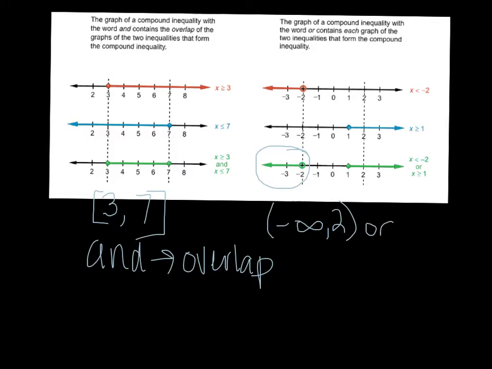Then it's 1 to positive infinity, and 1 is included, and then infinity has parentheses. So those are what's going to happen. Now we have to solve problems. So you have to know that and is overlap, or is both. And is where they overlap, or is you're going to have both the inequalities in the answer.